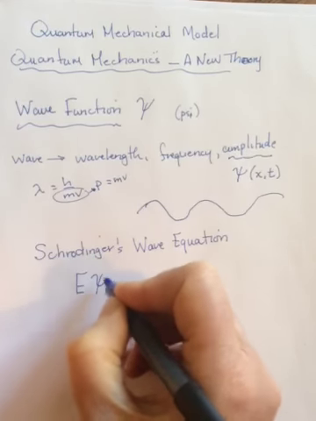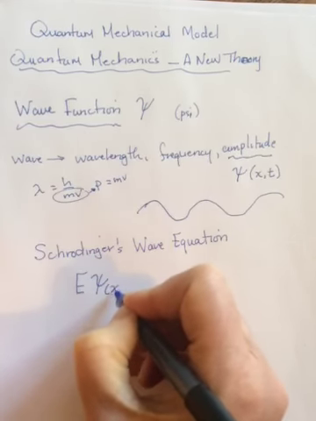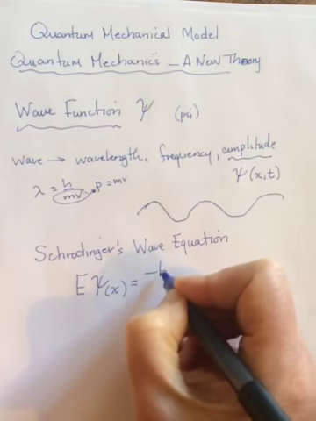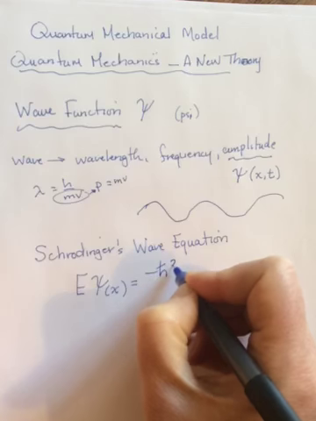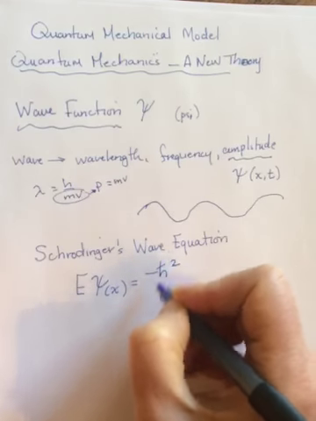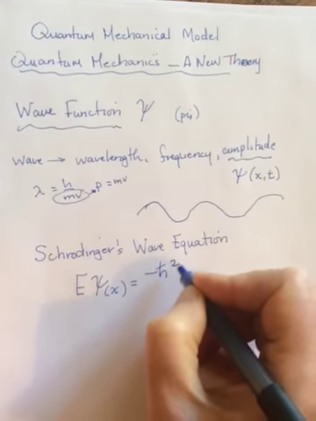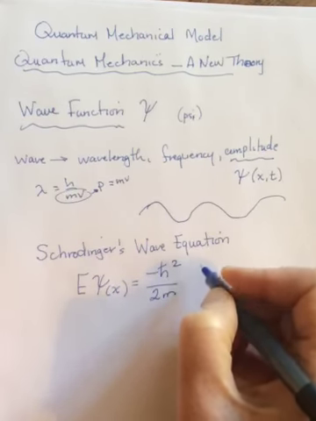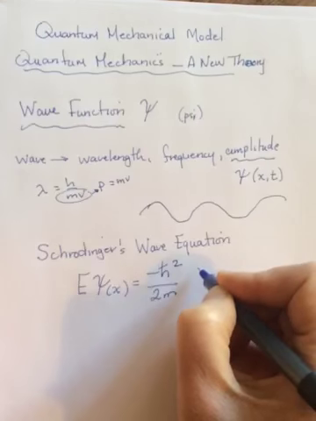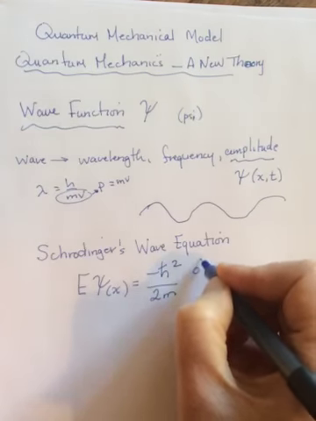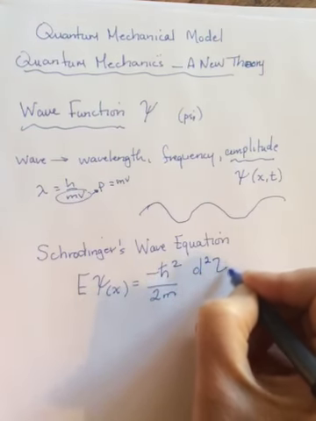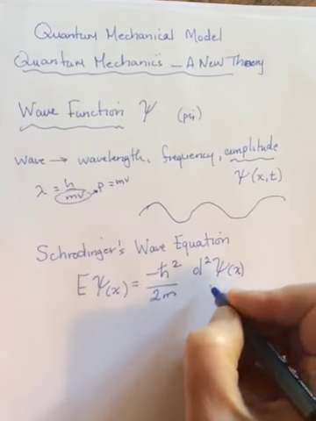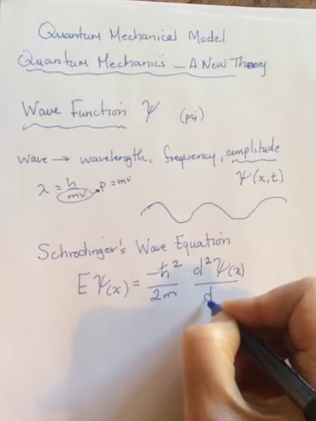So energy times the wave function with respect to position is equal to, and you're going to love this, Planck's constant divided by 2 pi, which is what the h bar means, and that's squared, over 2 times the mass of the electron. And then I don't know if you got far enough in calc, those of you in calc, to know what this is yet, but maybe.